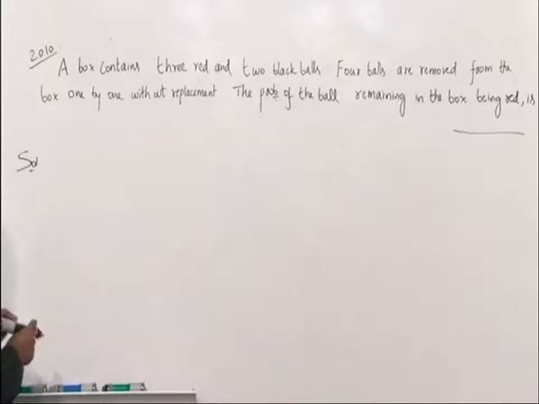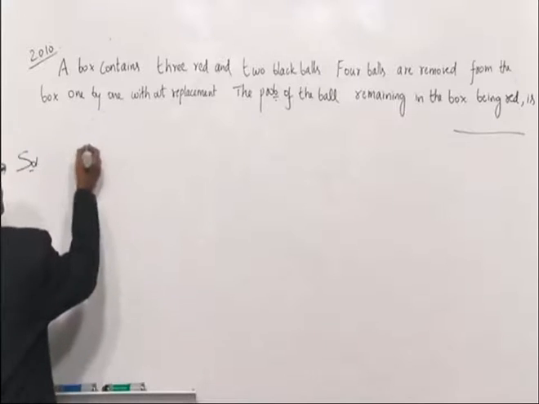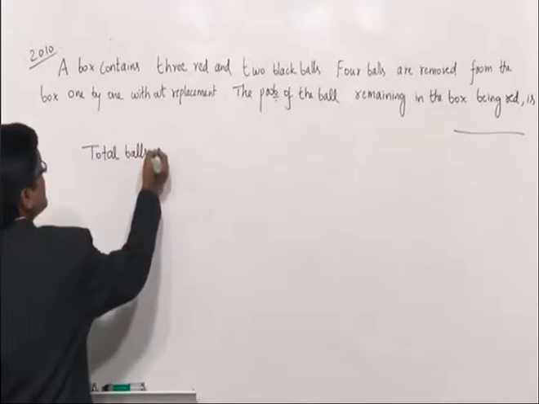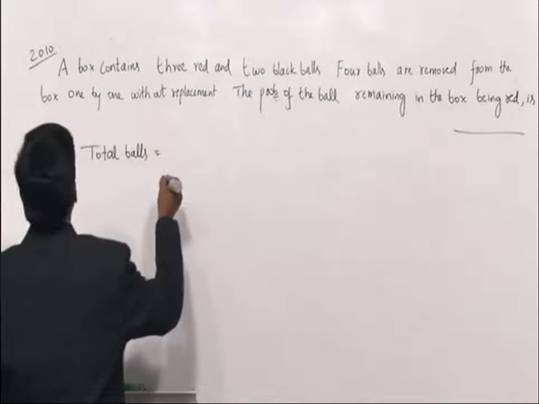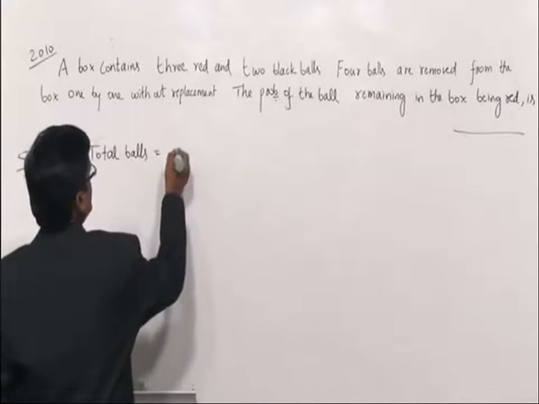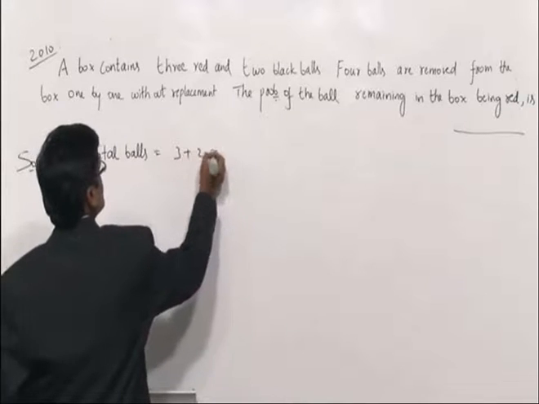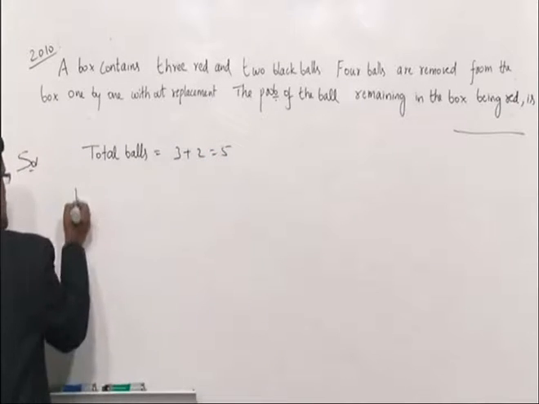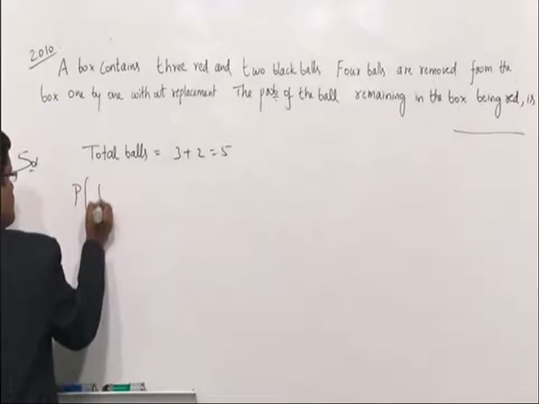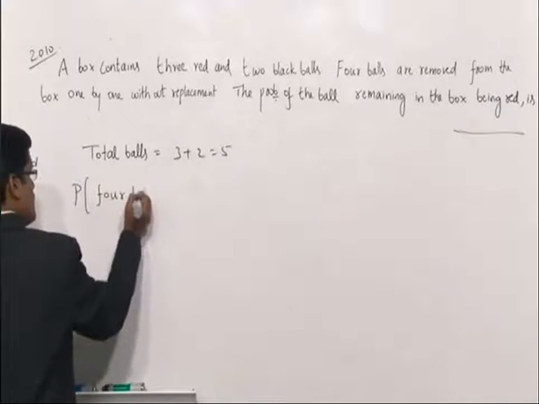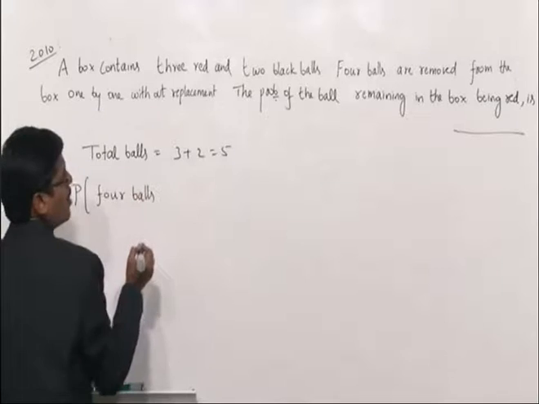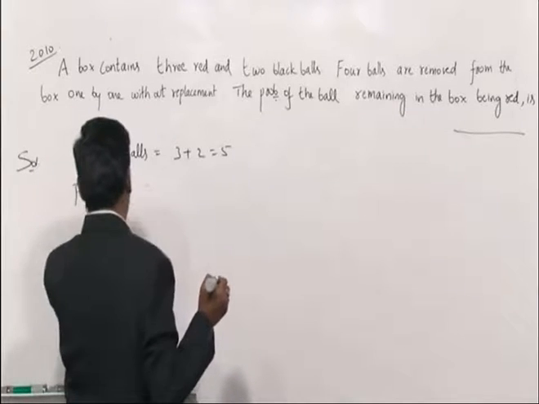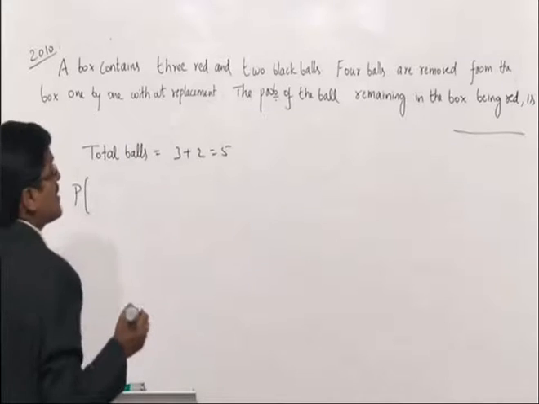See, solution here. Total balls is equal to 3 red plus 2 black is equal to 5 balls. Okay. Probability of 4 balls, I am just giving a one line sentence.